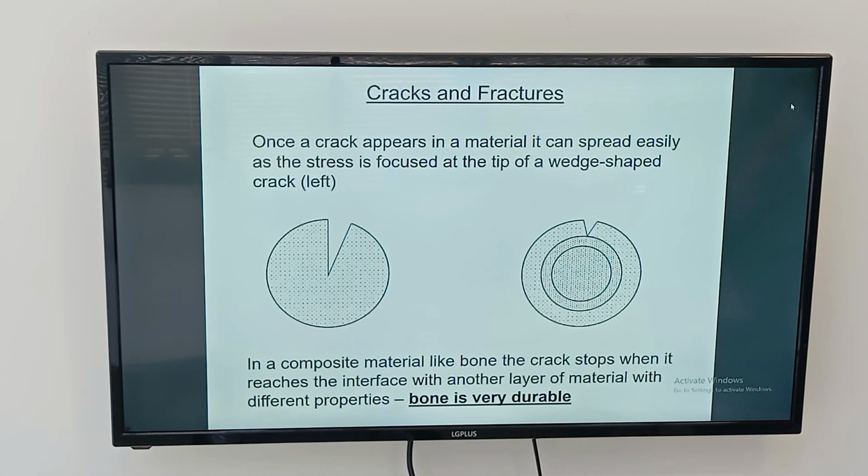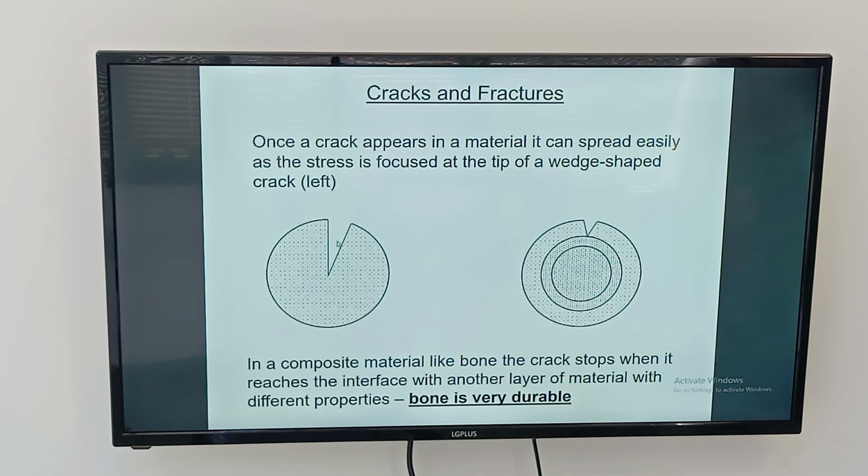Once a crack appears in a material, it can spread easily as the stress is focused at the tip of a wedge-shaped crack, as you can see in the left photo. Of course, a crack appears when a force is applied to a point on the material, and it will appear as a wedge-shaped crack.